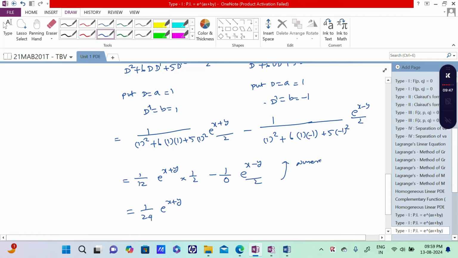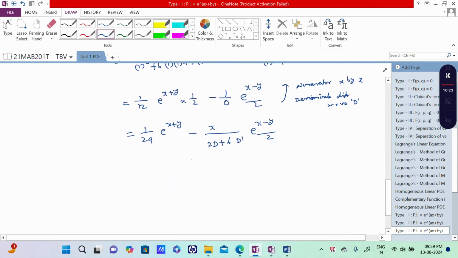In the previous step, the numerator is multiplied by x, and the denominator is differentiated with respect to D. Therefore, minus x I multiply here, and the differentiation gives D square differentiation 2D plus 6 into D dash, then 0, e power x minus y by 2.